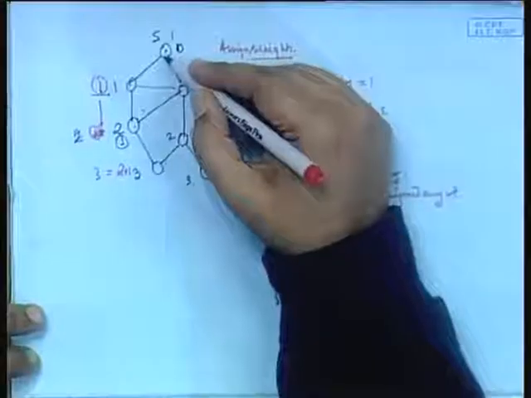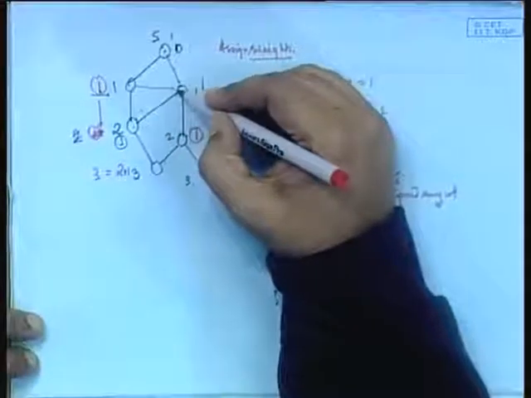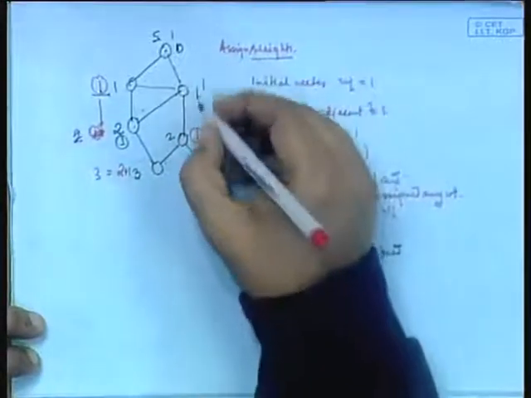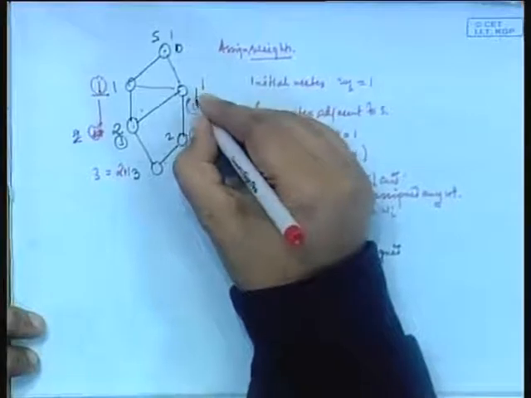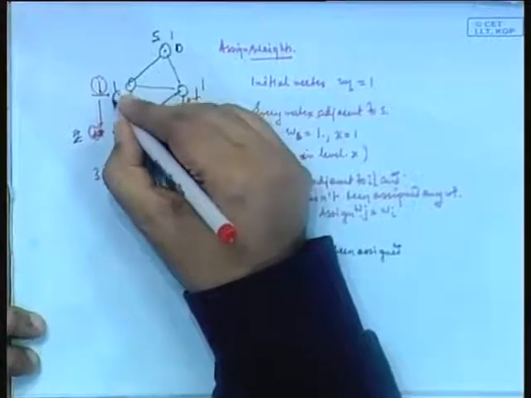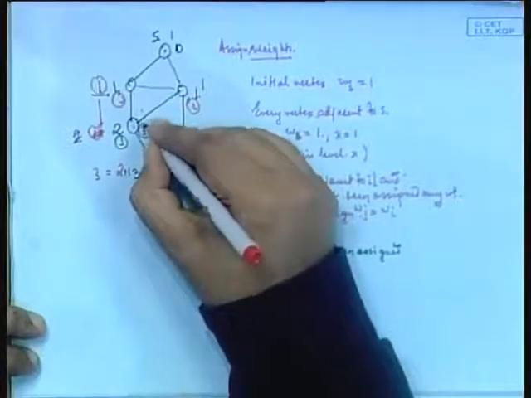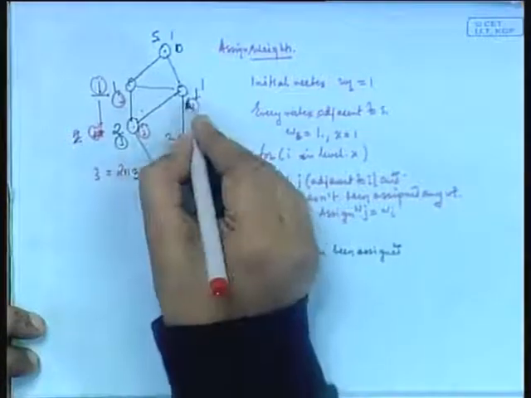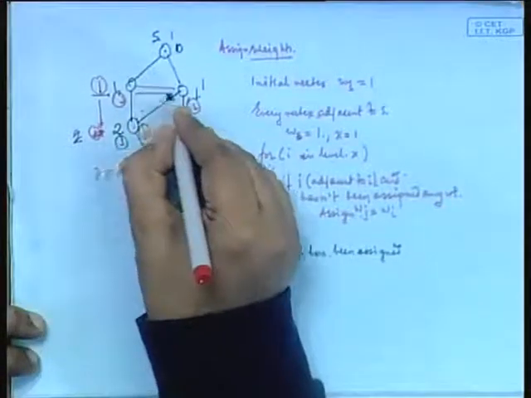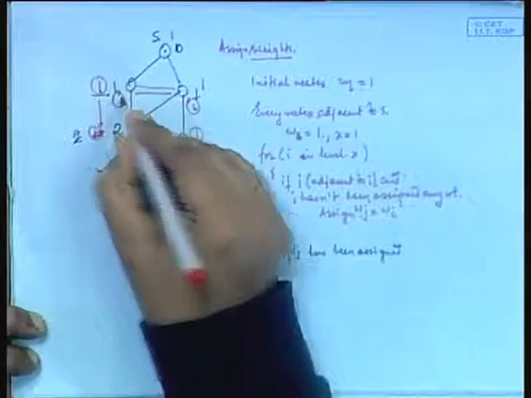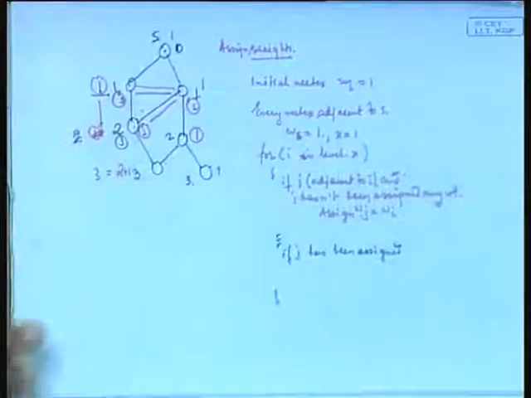If I ignore the parents, if I think this is I, j can be this one or j can be this one. If this is I, j can be in the same level or one level down.